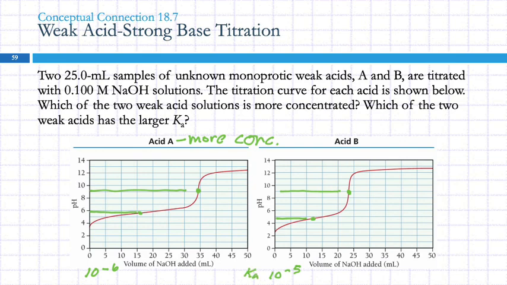This is approximately, very, very approximately the Ka. Which one's bigger? B. So this one has the higher or larger Ka. Any questions?